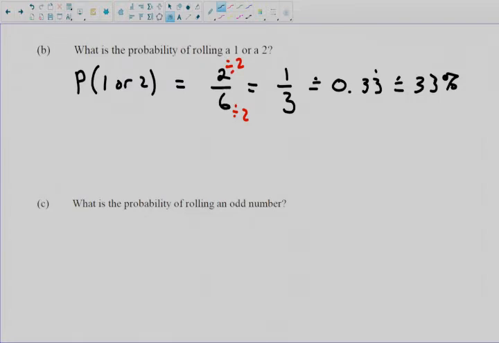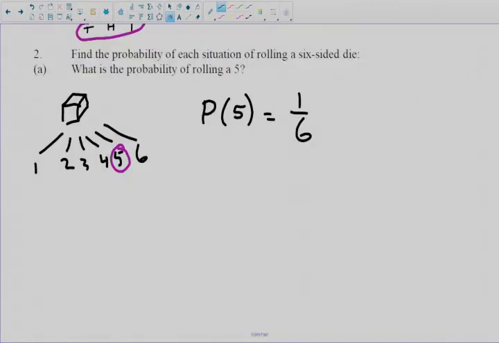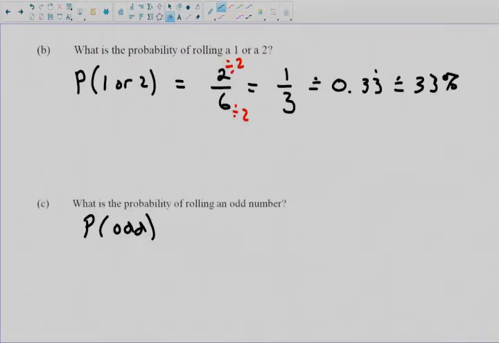What is the probability of rolling an odd number? Well, once again, if I go back to the event tree, what are the odd numbers? 1, 3, and 5. So there's 3 odd numbers out of 6. So our successes would be 3. Our total possibilities is 6.